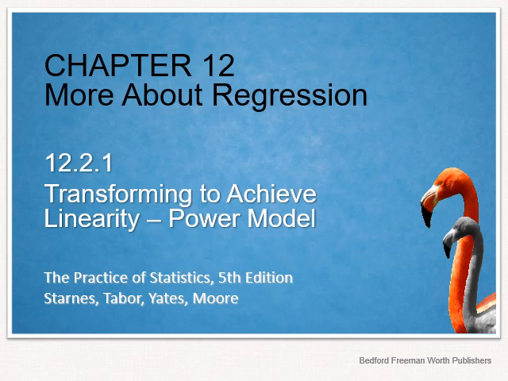Once we've straightened out the data, we can use the inference procedures we learned in section 12.1. We can estimate what the population slope is, or we could do a significance test about that slope.